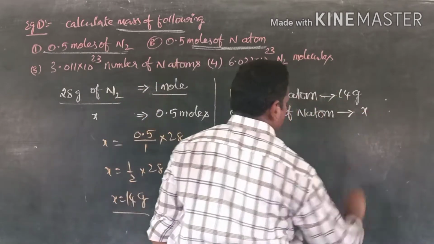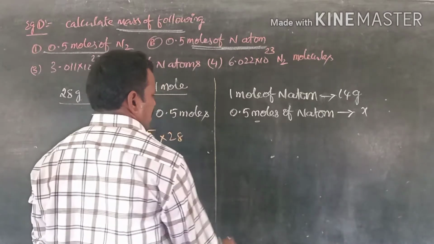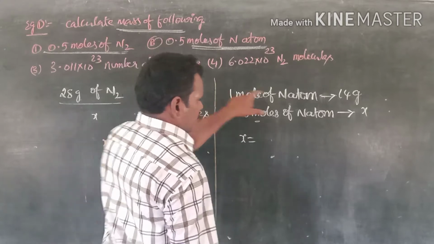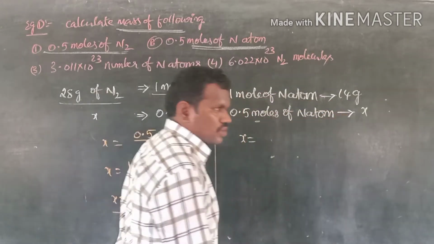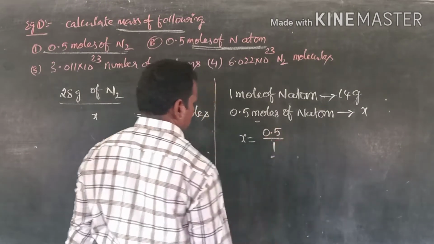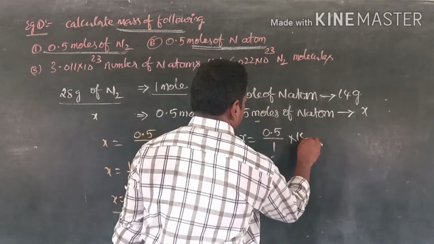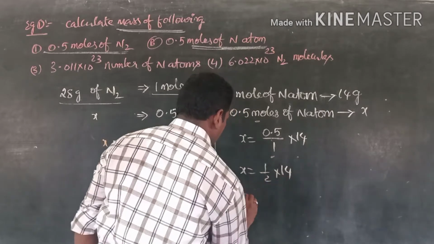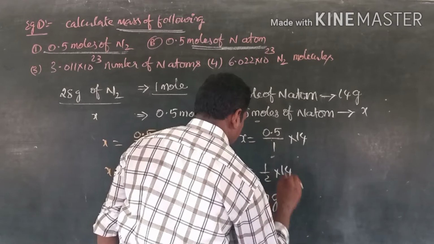Consider this as x. Now what happens? I equate the value of x. 1 mole is 14 grams, then for 0.5 moles less will be there. So it can be considered as 0.5 by 1 into 14. Now x is equal to half into 14, then x is equal to 7 grams.